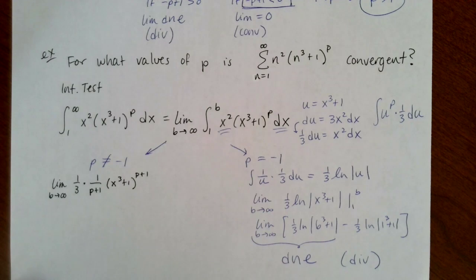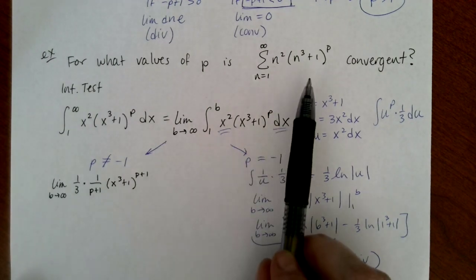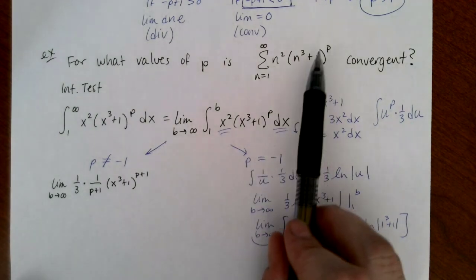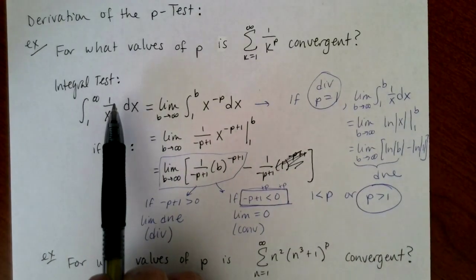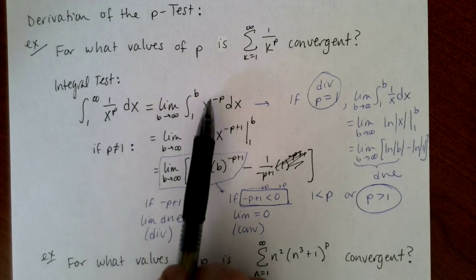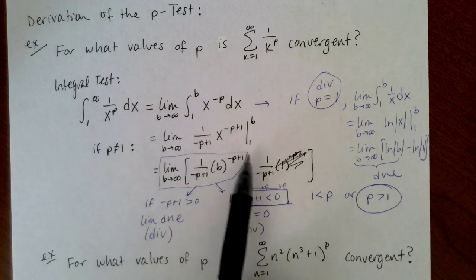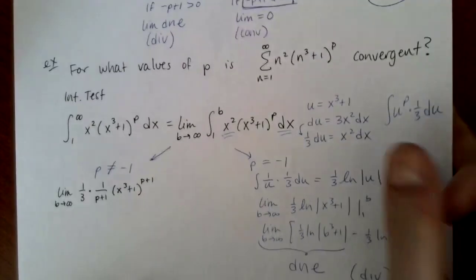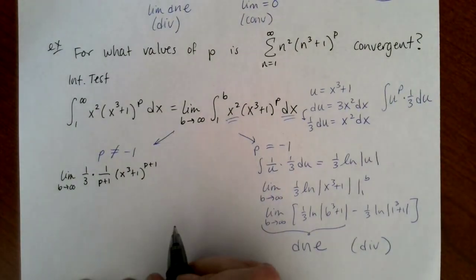Notice that the way this problem was constructed, the p is this original exponent, whereas up here, we started with 1 over x to the p, so really negative p was the exponent. So that's why this antiderivative looks a bit different here, because we're just treating p differently.